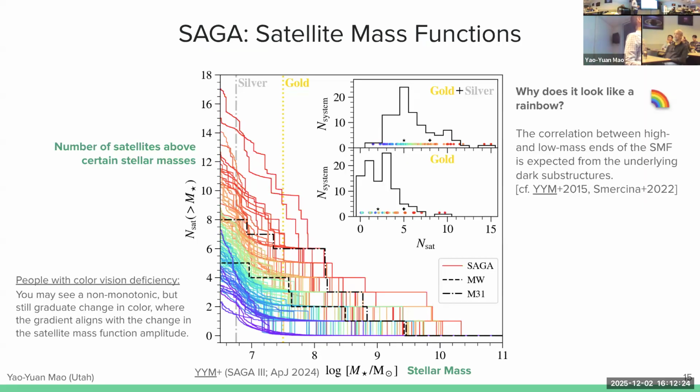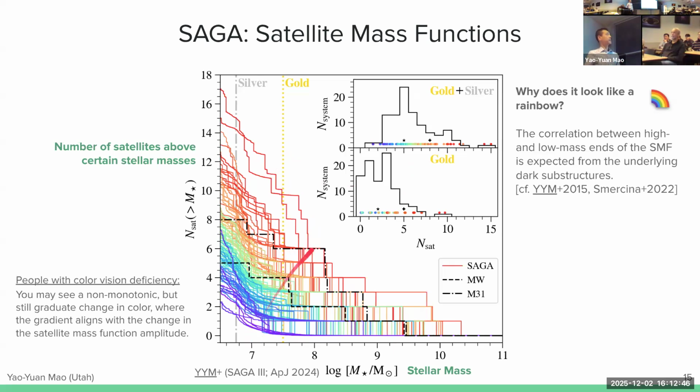So now I'm showing you the satellite mass function. This is how many satellites are more massive than certain stellar masses. Each colored line shows you the number of satellites as a function of stellar mass. At a glance, you see a rainbow color gradient.